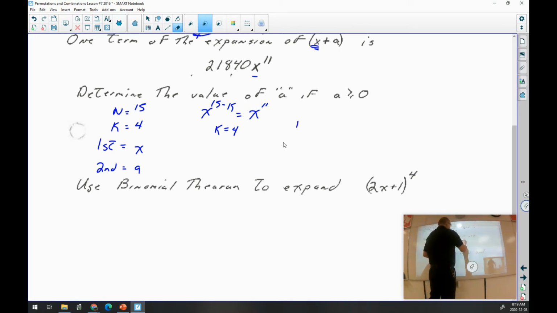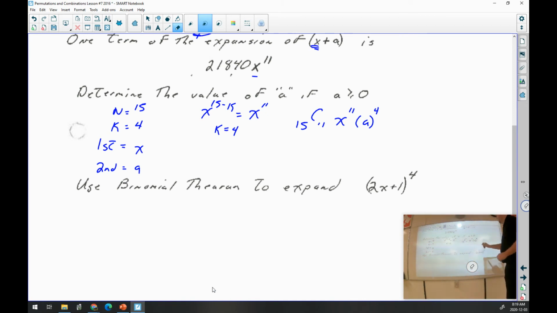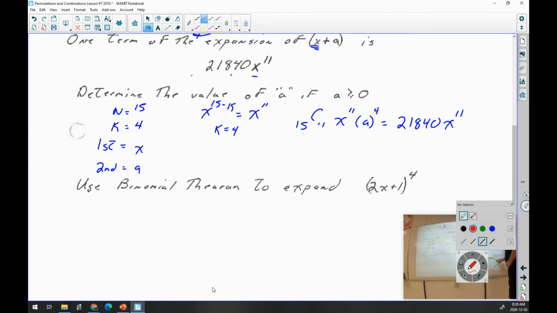We have 15 choose 11, x to the power of 11, a to the power of 4. Right, so now that's equal to 21840 x to the 11th. I'm going to divide everything by 15 choose 11, x to the 11th.